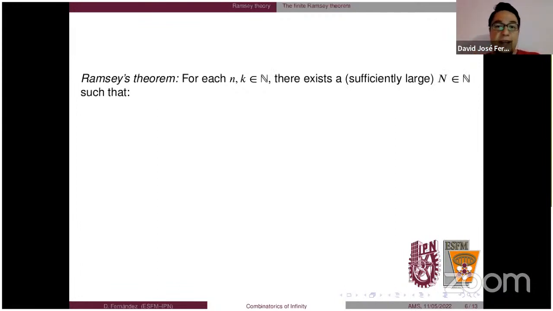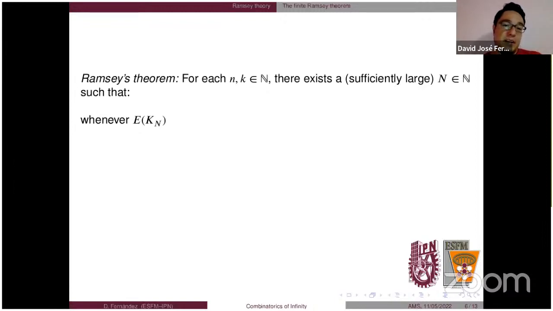capital N, such that, same thing as before, but more general, whenever you partition the edges of the complete graph with N vertices, right? So in the previous example, uppercase N was equal to 6, and we were partitioning in 2 pieces the edges of the complete graph on 6 vertices.